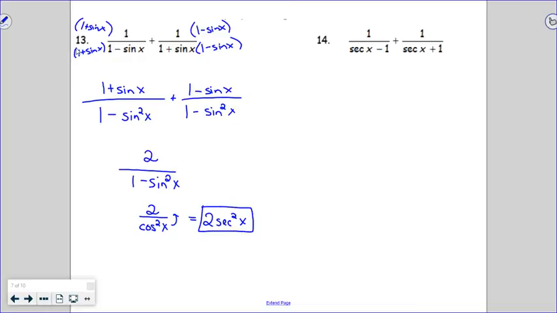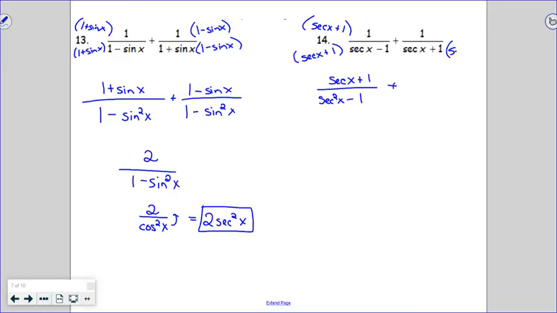Same thing in the next one. I got a common denominator, so I multiplied by secant x plus 1 in that first fraction, which gives me the first thing squared minus the second thing squared.